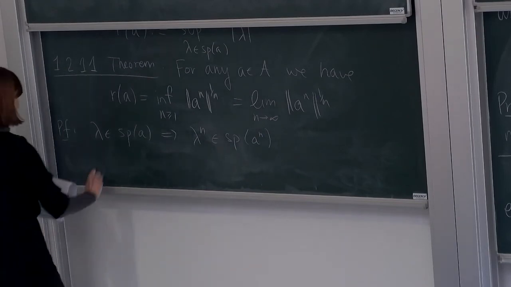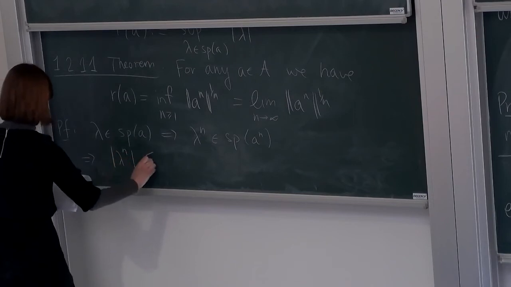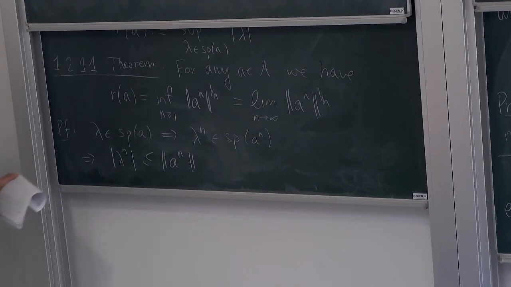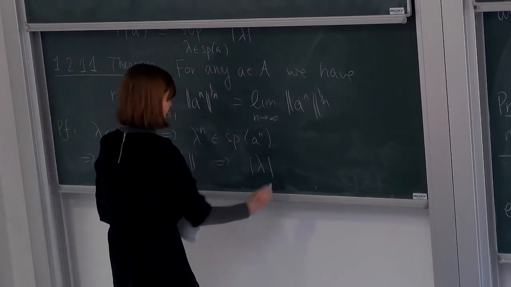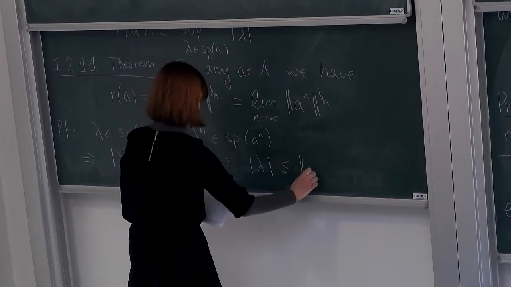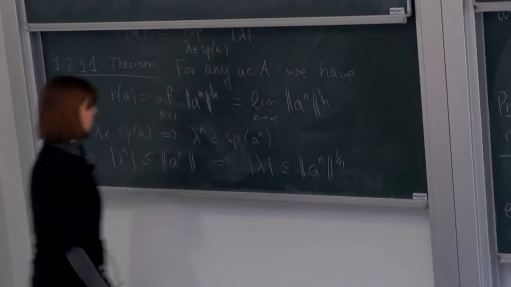So we get that the absolute value of lambda to the n is at most the norm of A to the n, and hence the absolute value of lambda is at most the norm of A to the n, to the 1 over n.